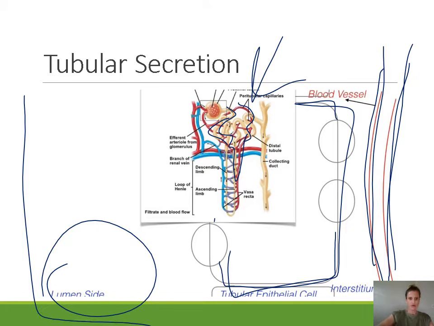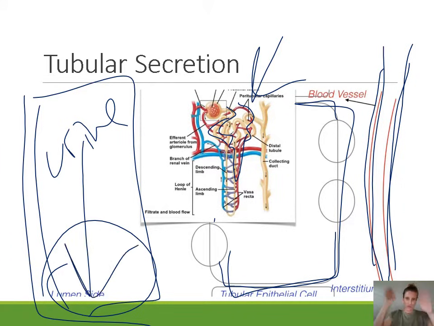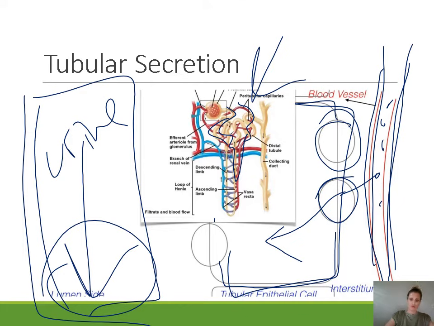So this area over here is inside the tubule. This is where the urine, or fluid that will eventually be urine, is, so that it's going to eventually leave the body. So we have drugs that can be going through the blood vessel here, and there are active transporters that can grab hold of that drug and pump it into the luminal cell and then into the urine itself.